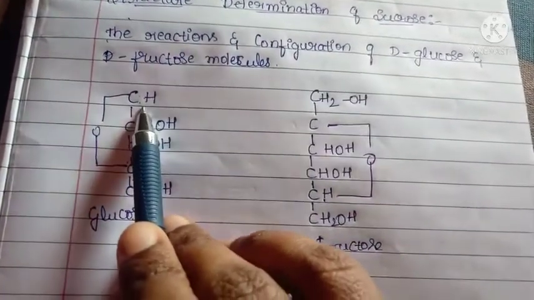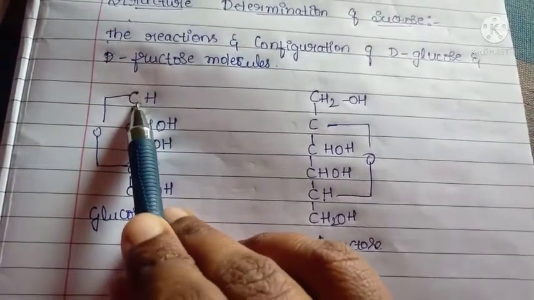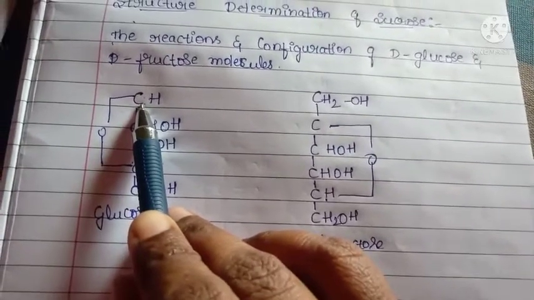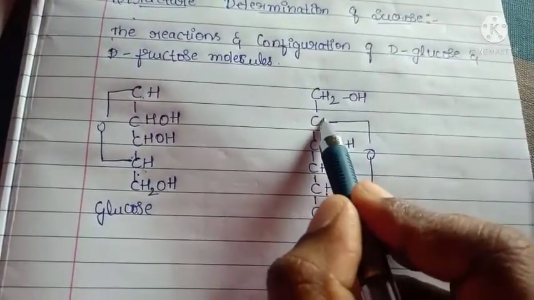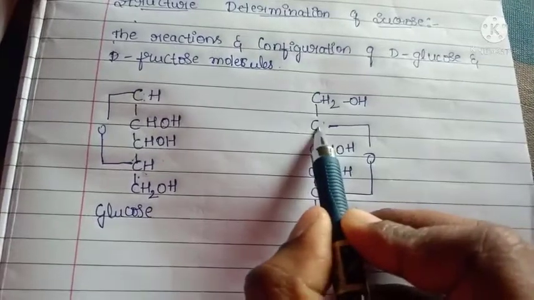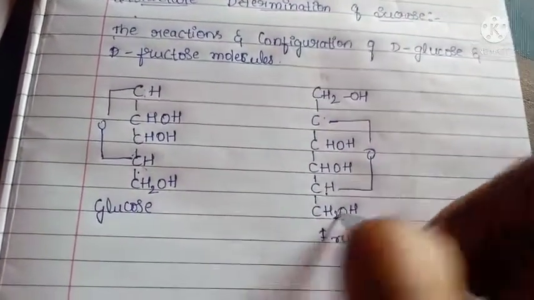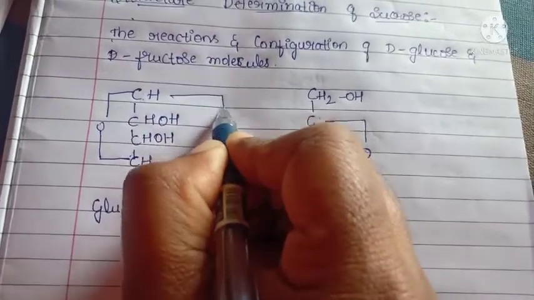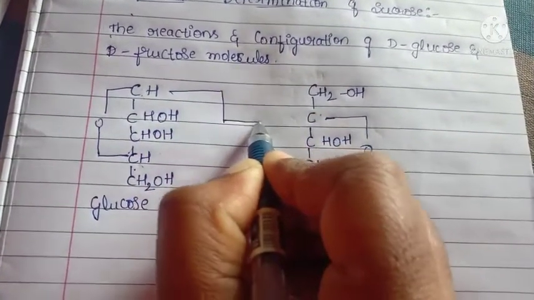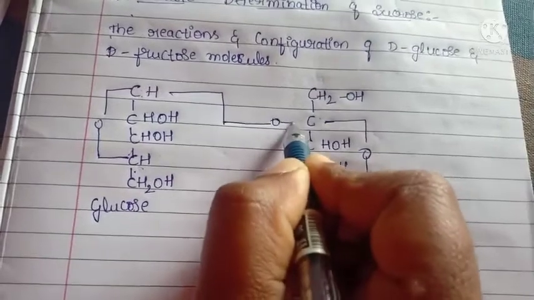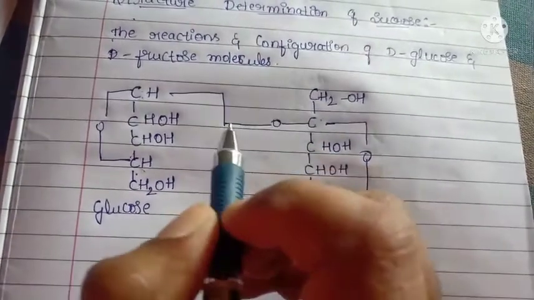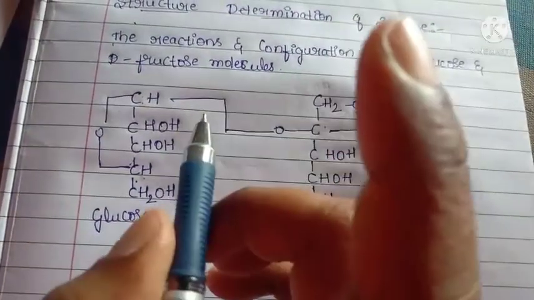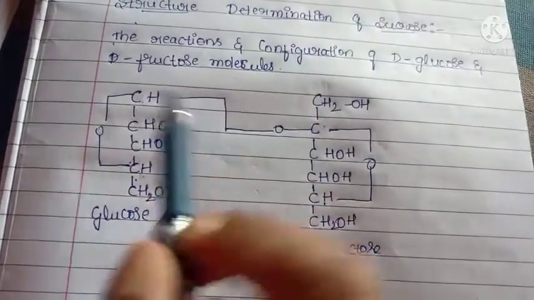the C double bond O group is present at the C1 carbon atom in the glucose unit. The C double bond O group is present at the C2 carbon atom in the fructose unit. And I told you in the last class, the glycosidic linkage is formed between C1 of glucose and C2 of fructose. Here you have to see this.